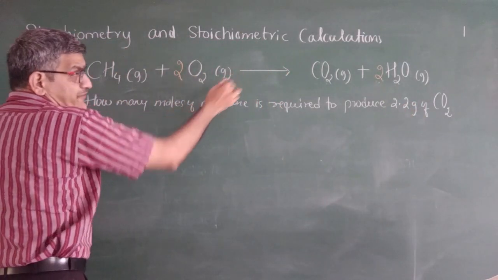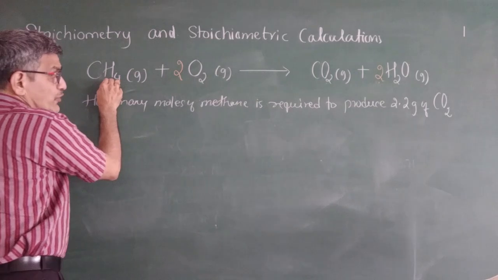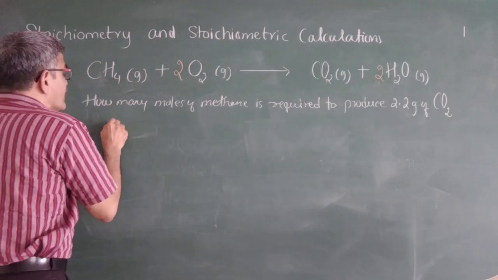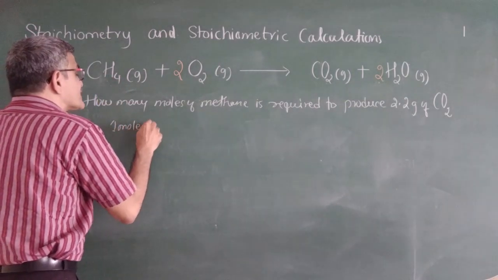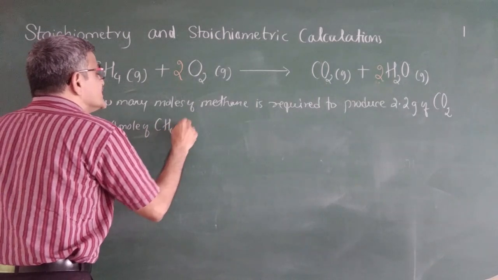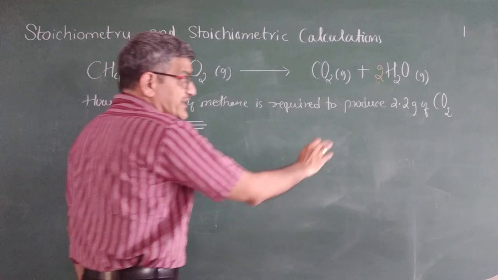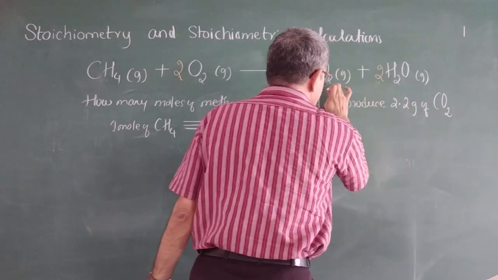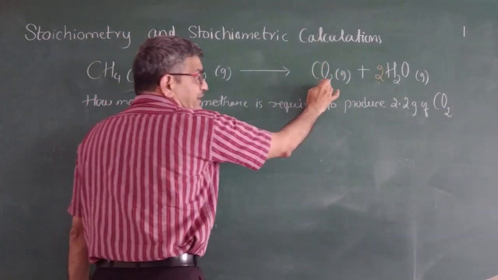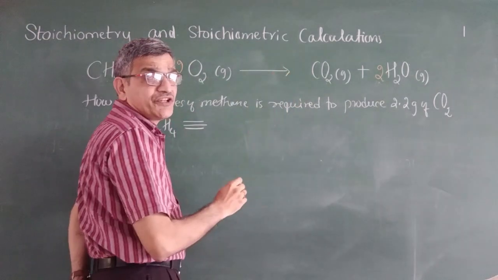So in this equation, if you observe, how many moles of methane are there? 1 mole of methane gives how many grams of carbon dioxide? 1 mole of carbon dioxide is how many grams?